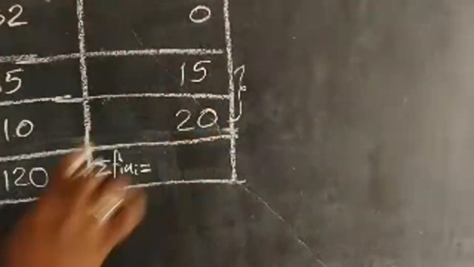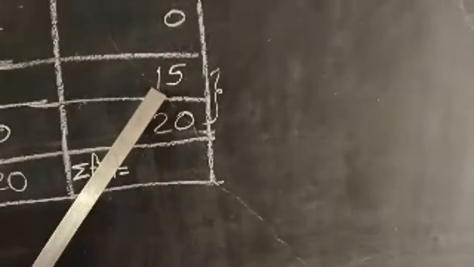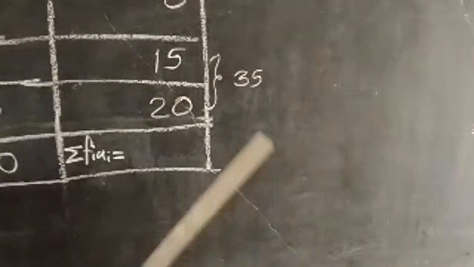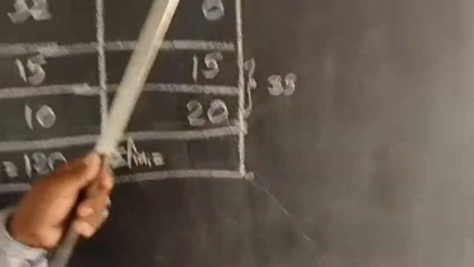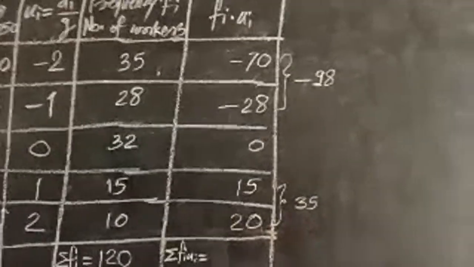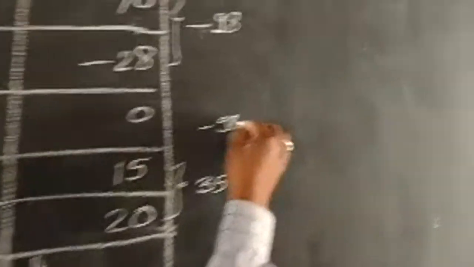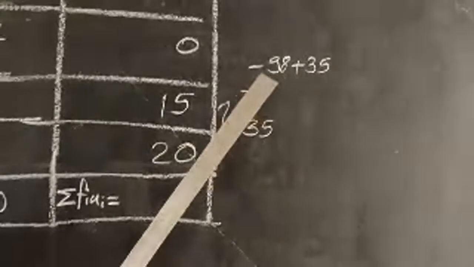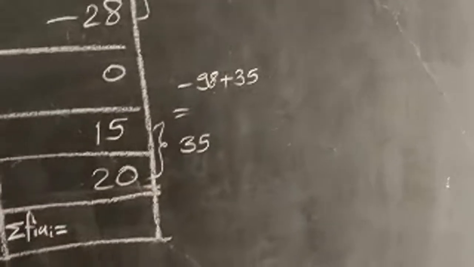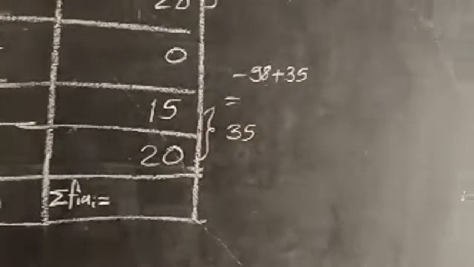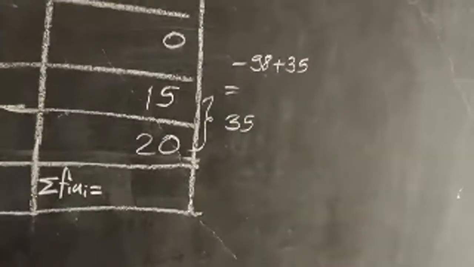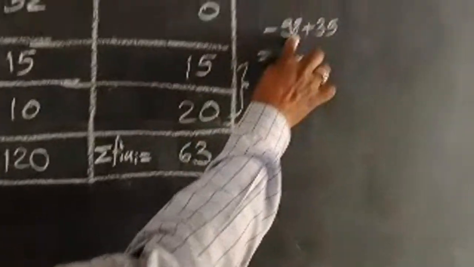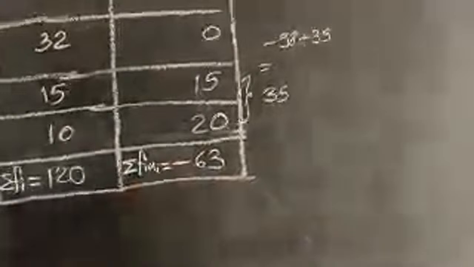Here signs are similar: minus 70, minus 28 gives minus 98. Then minus 98 plus 35 plus 20: signs are different, so different signs indicate subtraction. 98 minus 35 is 63, and the larger number's sign is minus.